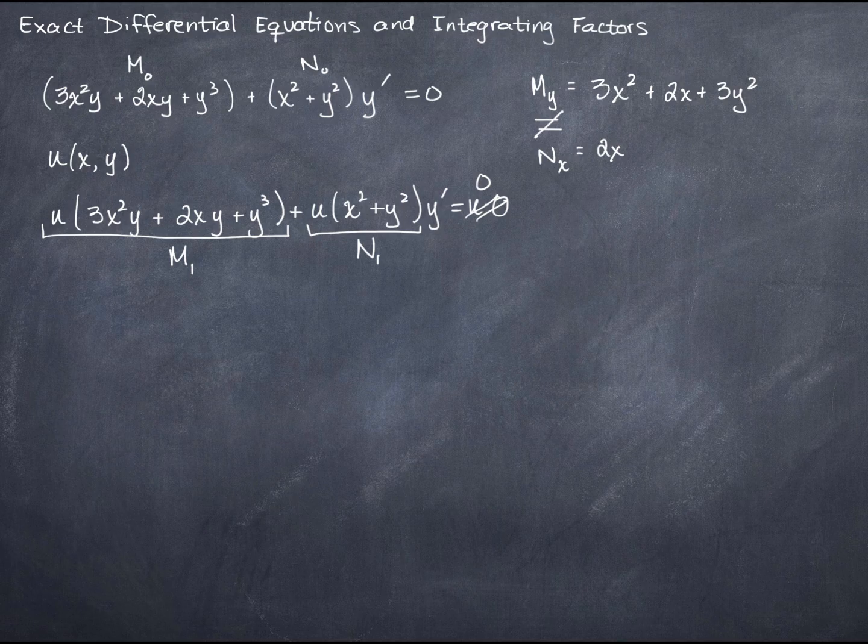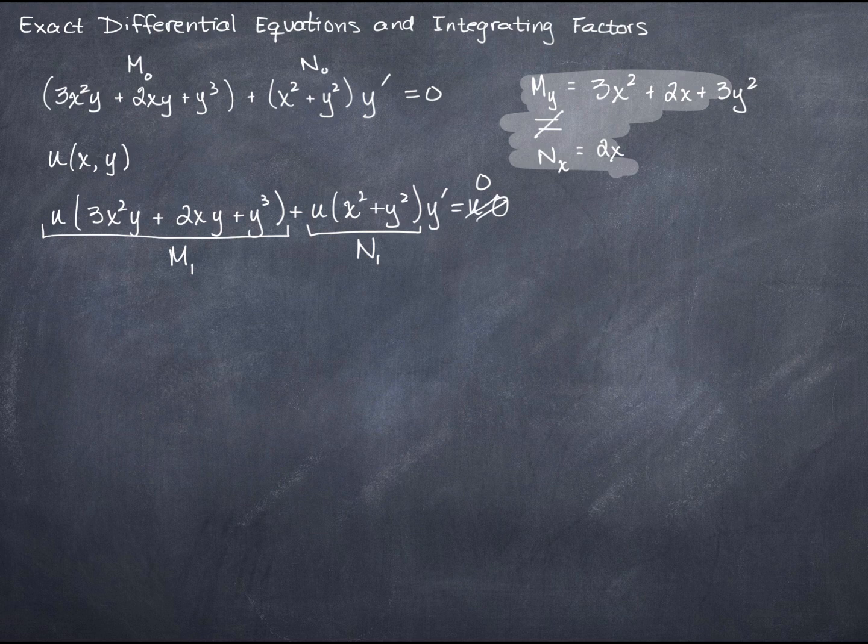Now, it's much more complicated than that, but I wanted to put that out there on the screen to help you see what it is we're going to try to accomplish in this video. This is the goal. First of all, to determine whether or not a differential equation is exact, and we know how to do that now. We do this little trick over here.